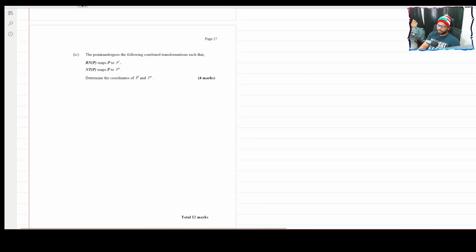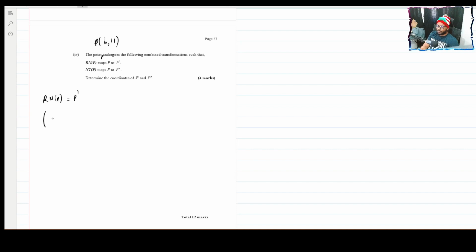And P is the point 6, 11. The point P undergoes the following transformations such that RN maps P to P prime and NT maps P to P double prime. So if RN on P will take P to P prime, I can say RN on P is equal to P prime.